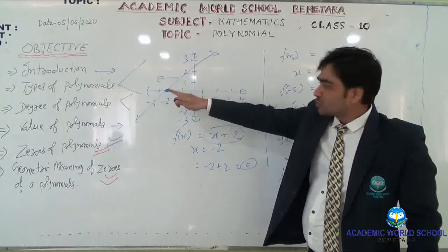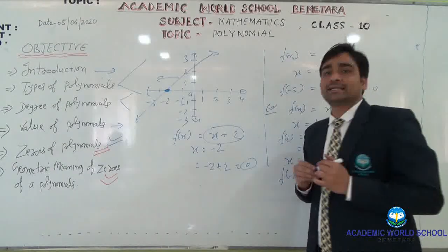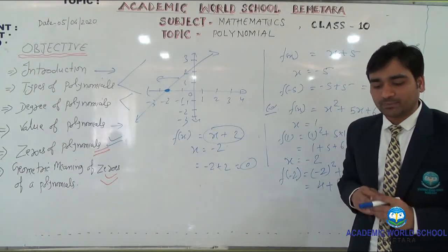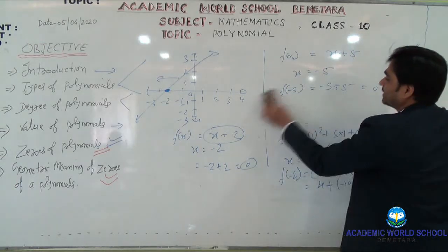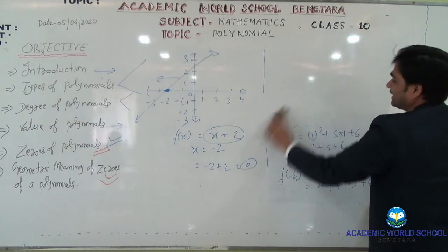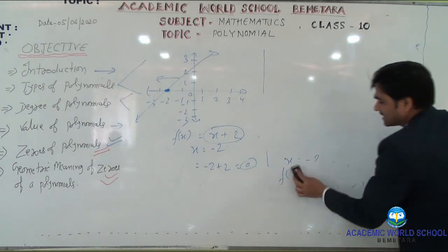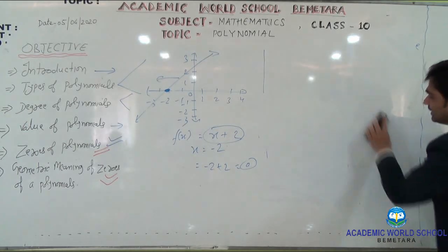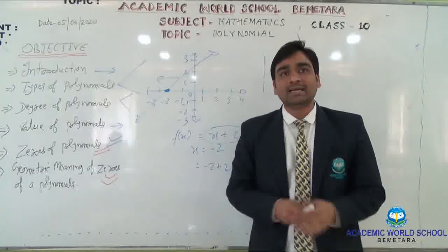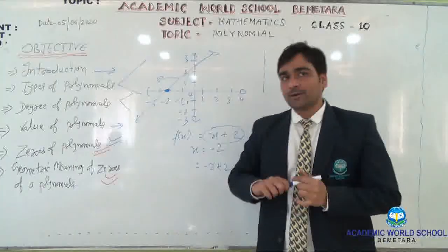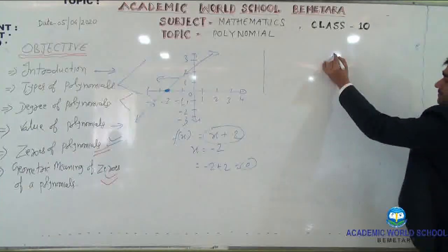At minus 2. So this minus 2 is the zero of the polynomial. Similarly, if we are talking about quadratic, cubic, biquadratic, what will happen? I am just showing you, and you will see it in your assignment. I have given you some questions related to that topic.